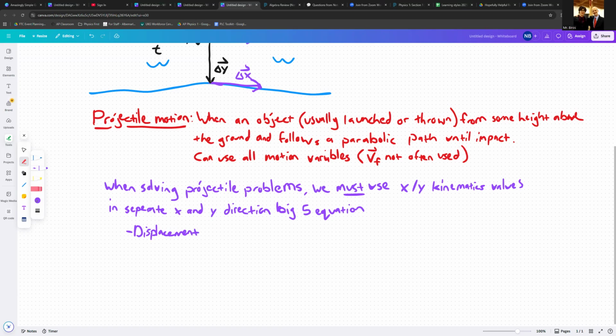It's often a very important value that we see a fair amount in here. So we frequently end up finding horizontal displacement.